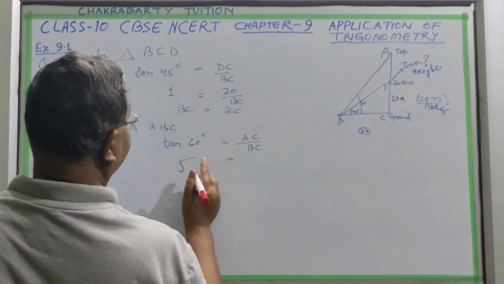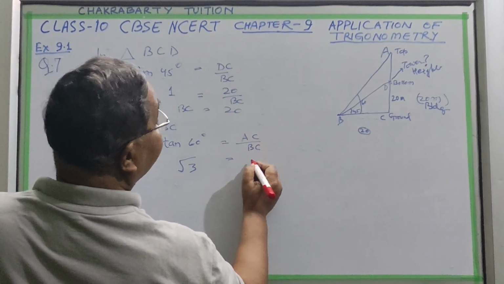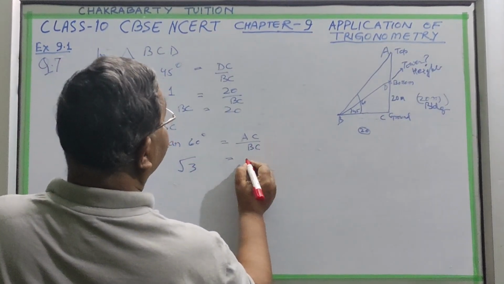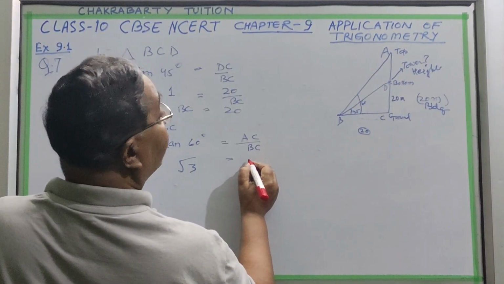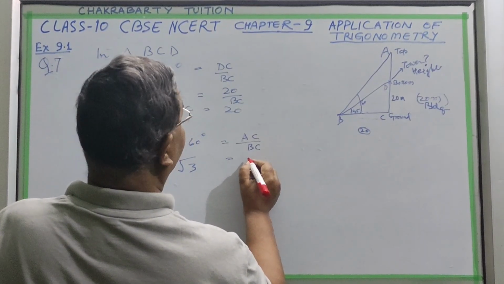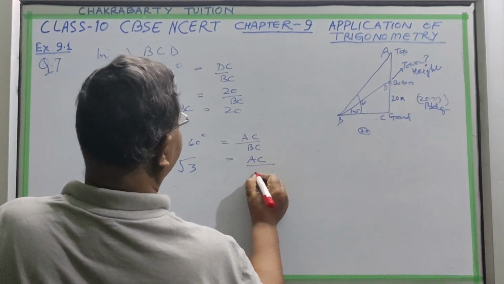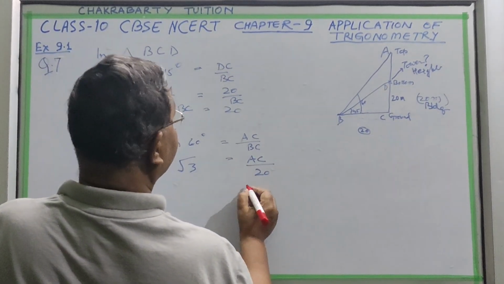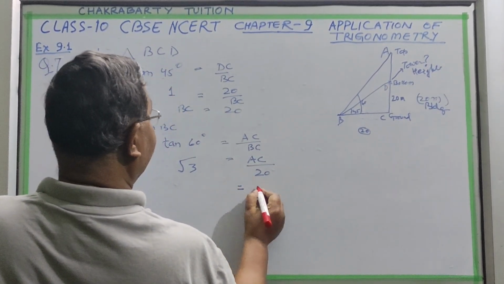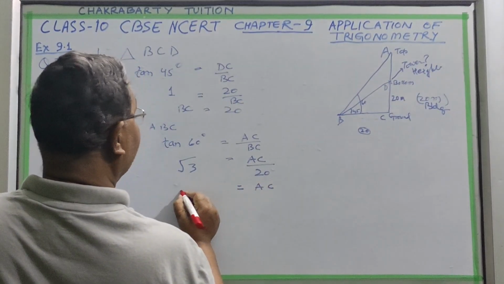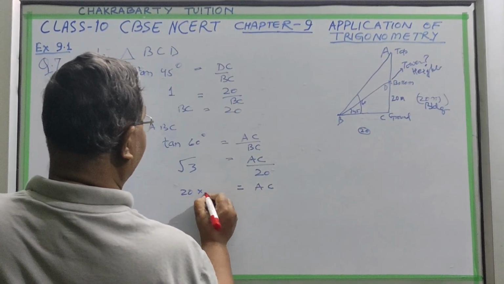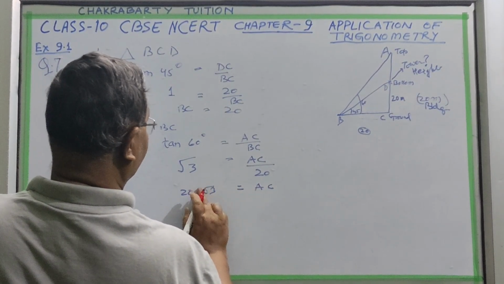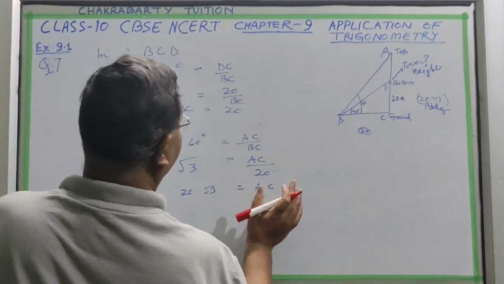Tan 60 degree is under root 3, and AC we have to find out, and BC is 20. So AC will be 20 into under root 3.